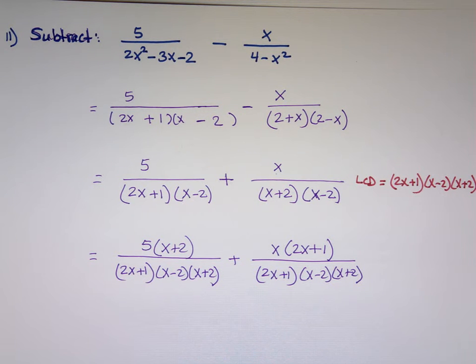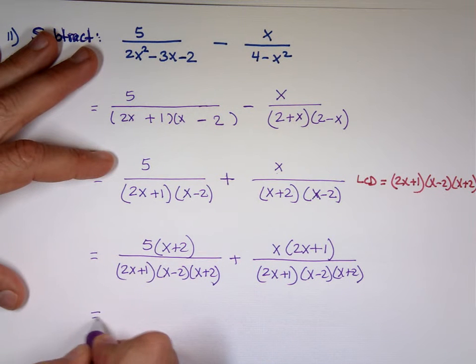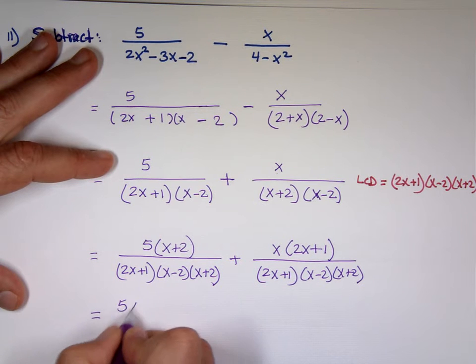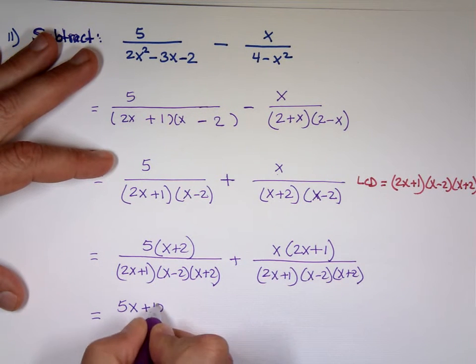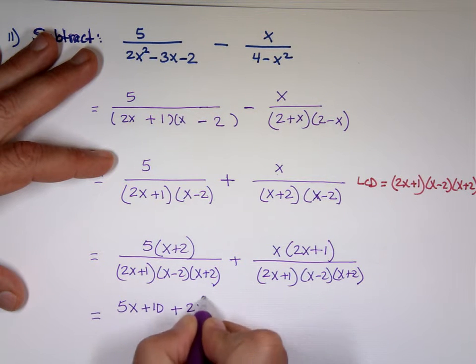Now let's combine them into one. This will be 5x, well, 5x plus 10. This will be plus 2x squared plus x when you combine them as one.